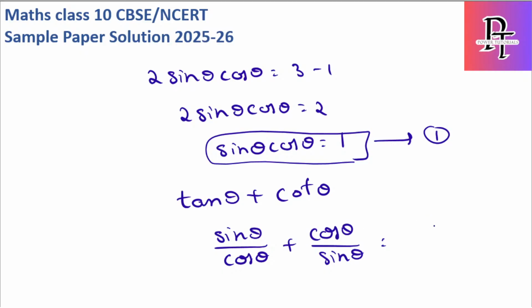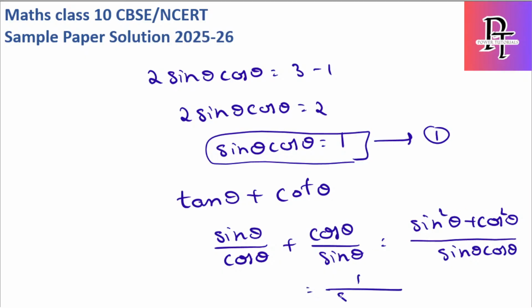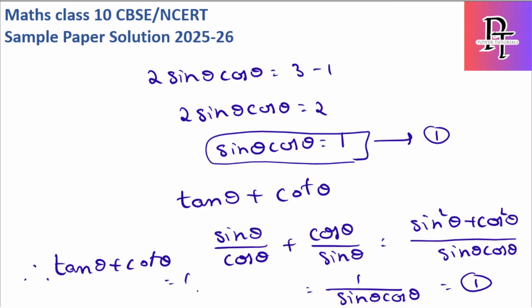Okay, if you take LCM, this becomes sin square theta plus cos square theta by sin theta cos theta. So cos square theta plus sin square theta we already know is 1. So this value is nothing but 1 by sin theta cos theta. We already got what is sin theta cos theta, which is 1. So this value is also 1. Hence you have to write tan theta plus cot theta is equal to 1. So this is a very easy question.